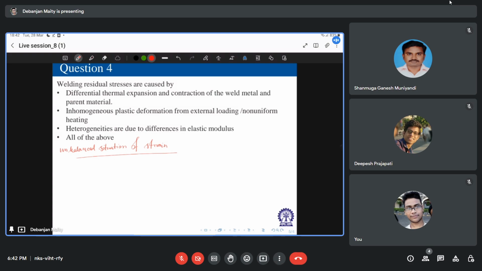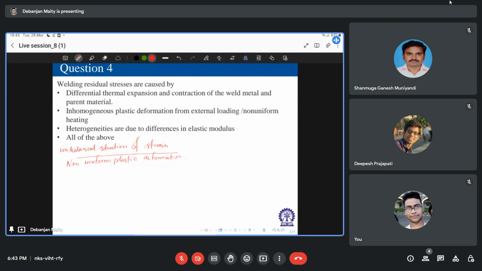This can also arise from non-uniform plastic deformation, especially when you are performing cold rolling, forging or any kind of forming action, or let's say machining, due to unbalanced local deformation caused by the material removal process, right? All of these are mechanical processes I'm talking about.